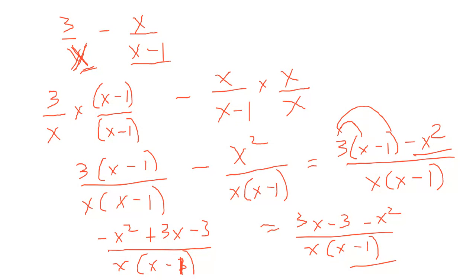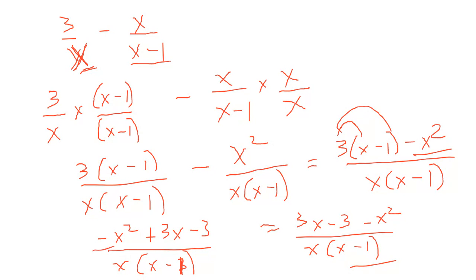So with this function, minus x squared plus 3x minus 3, if you want to factorize that, is it possible to factorize it? That is the question. If it's not possible, then we don't worry about it. But if it's possible, then we have to work on it.